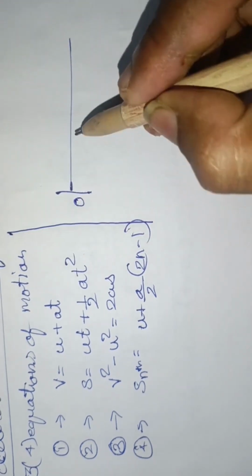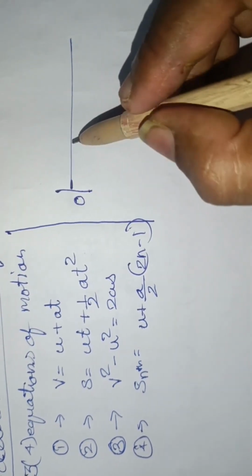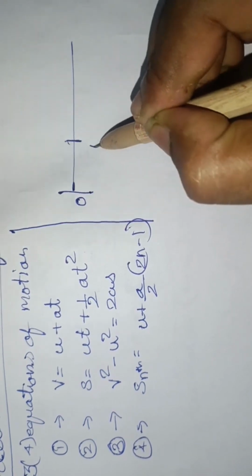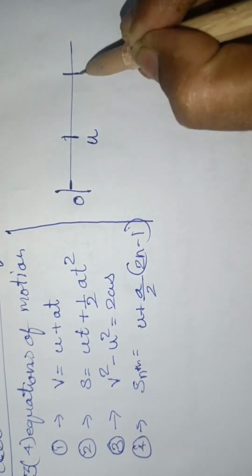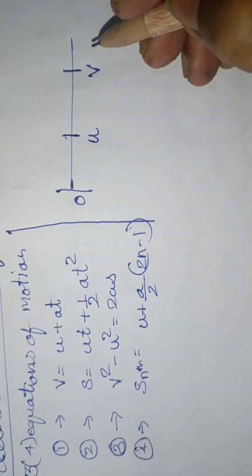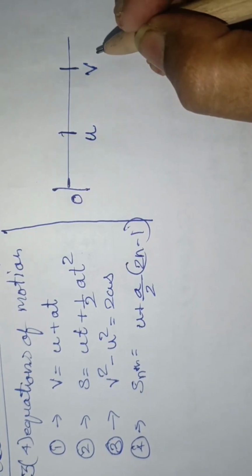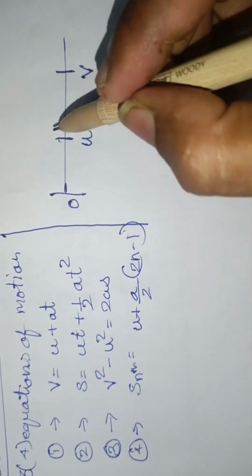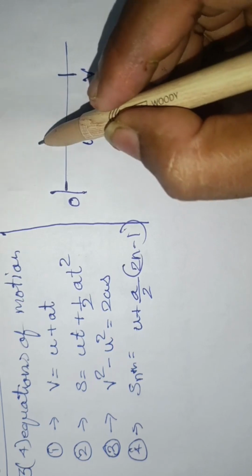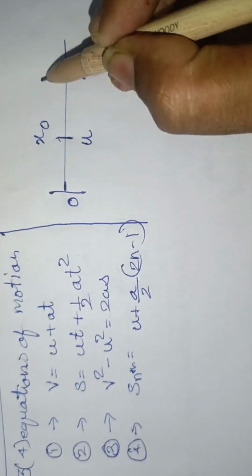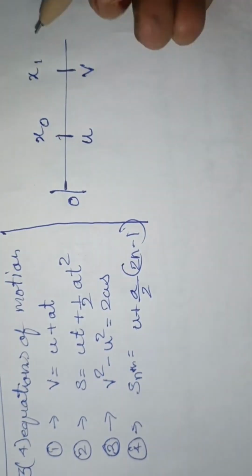We'll say this is my origin 0. This is my initial velocity, considered as u, and this is my final velocity, considered as v. As I represent here, we can say the initial position is x0 and this position is x1.